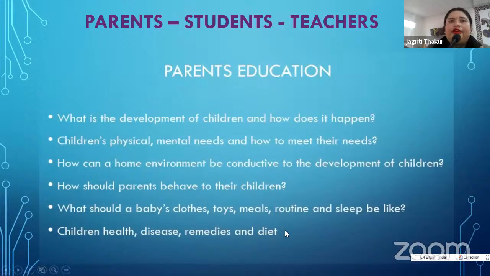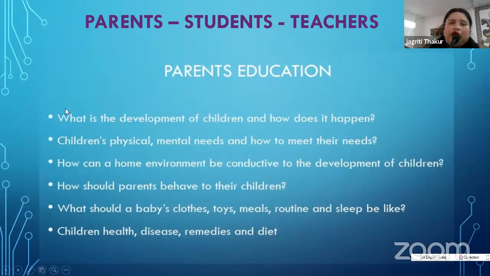Parents should know about the development of the children and the needs of the children. I'm not talking about all parents. If you say that we have parents who know everything, there are many parents who don't know what to give to the child. बहुत सारे parents ऐसे हैं जिनको नहीं पता है, ठीक है? So we have to think about everyone, right?